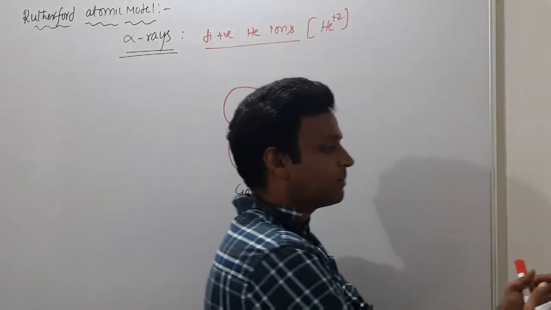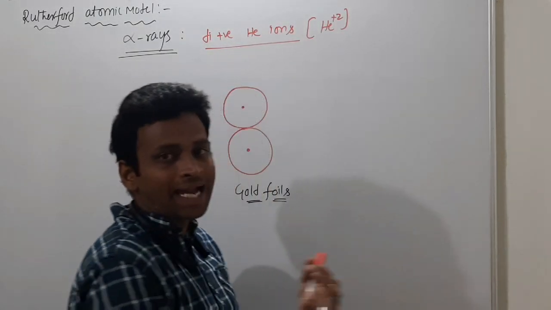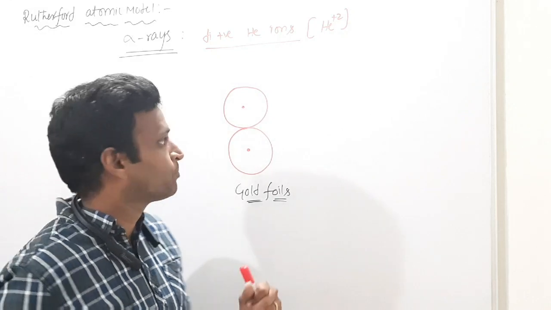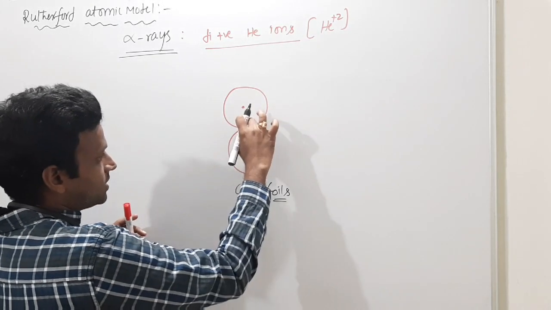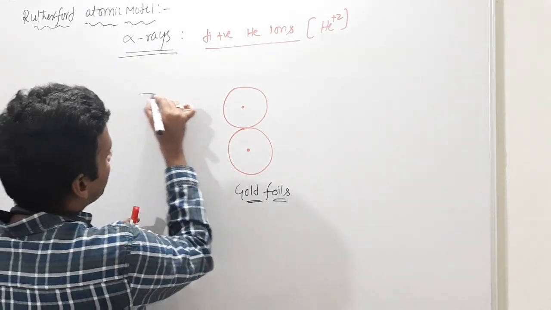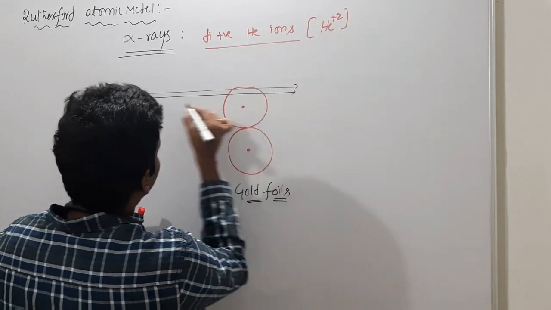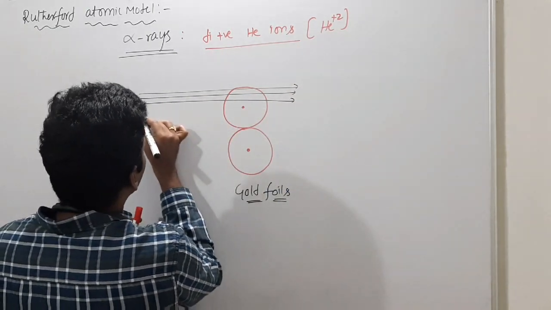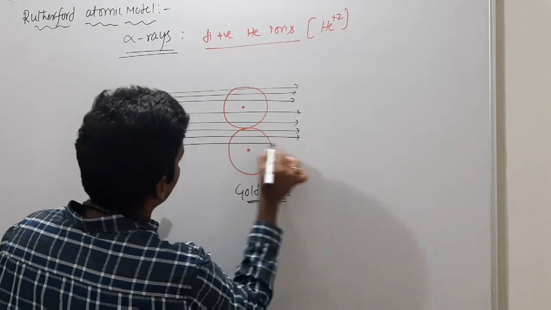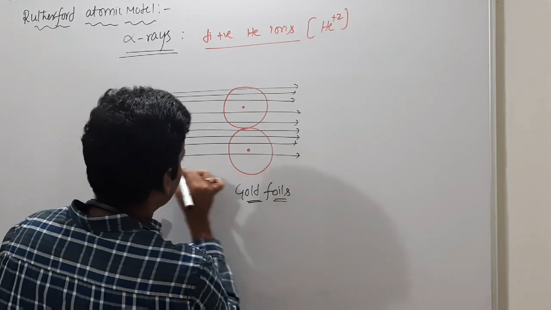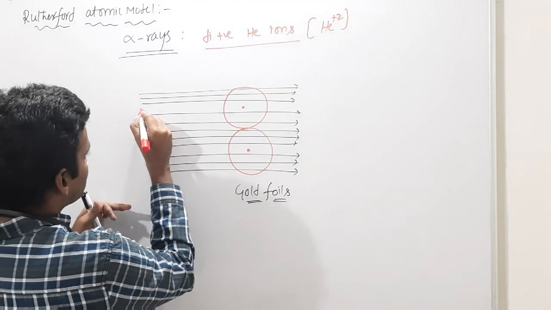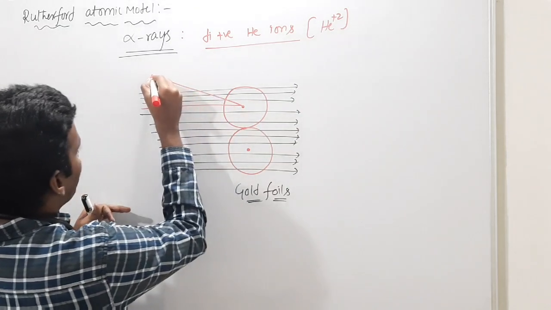Whichever path they moved in, they come back in the same path when they hit the center of the gold foil. All pass through except the rays which hit the center of the gold foil. The ray which touches the center just comes back like this.